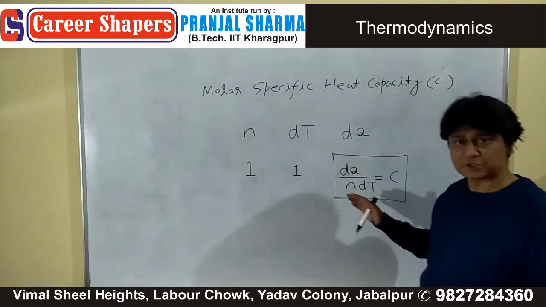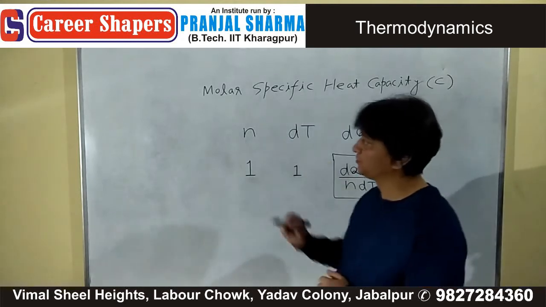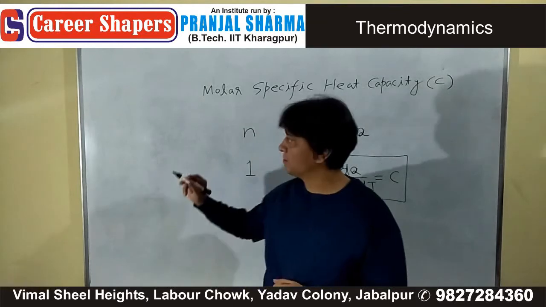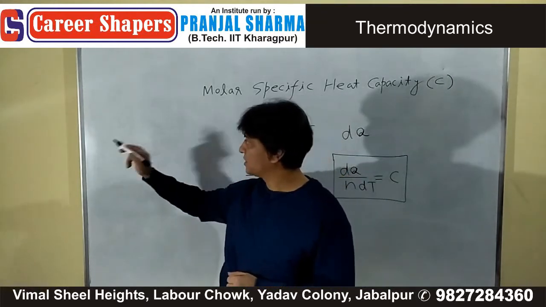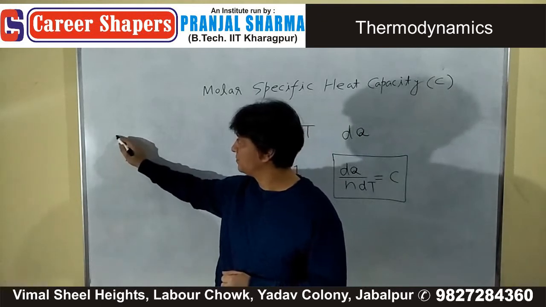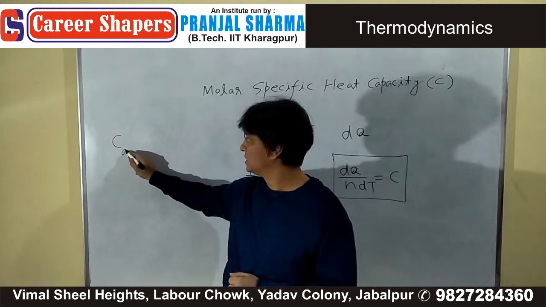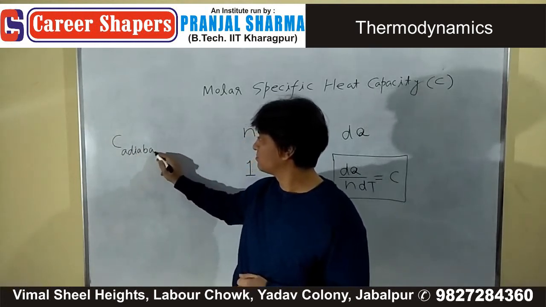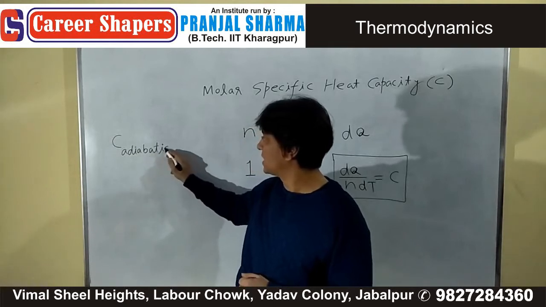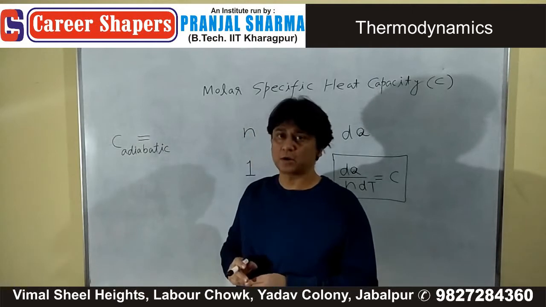Now let's understand this part with the help of different types of process. Let's first take the easiest value of C. If I ask you what is C for an adiabatic process? Think about it.